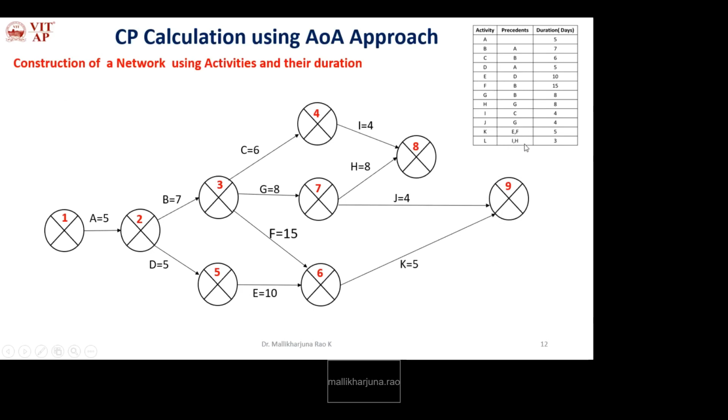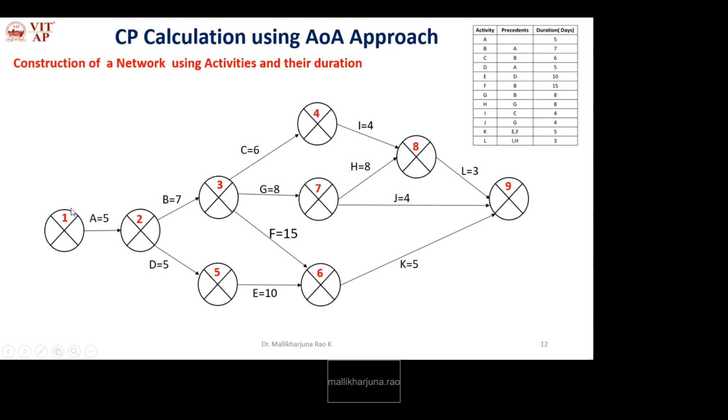Where I and H are ended, at event 8. So this is the start point, and the end point for this is 9. So this is the way you have to construct the network for the given activity set.